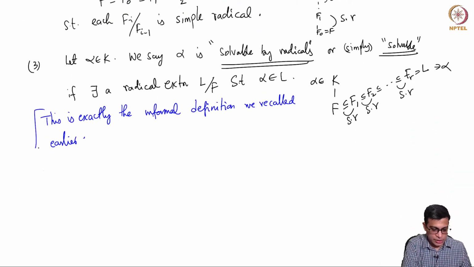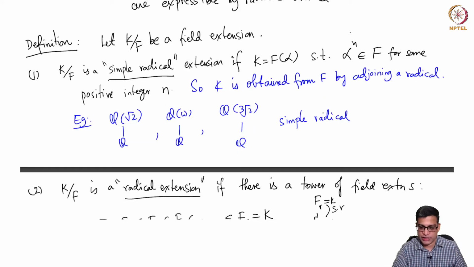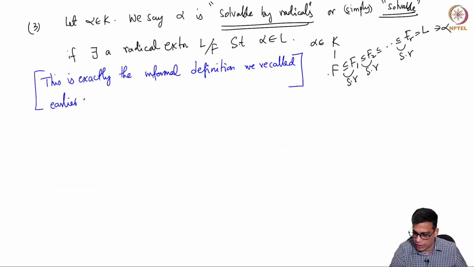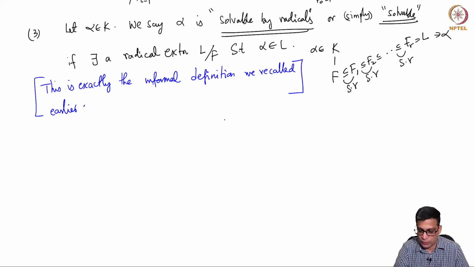This is something for you to ponder, but if alpha is in L and each of these is a simple radical extension, then it will become a very messy expression, depending on how many fields are in this tower. Nevertheless, it is possible to express alpha starting with elements of F and using only radicals and, of course, the usual four operations.